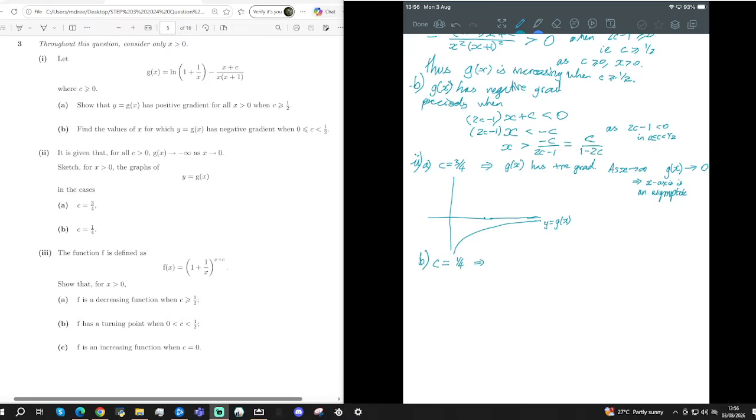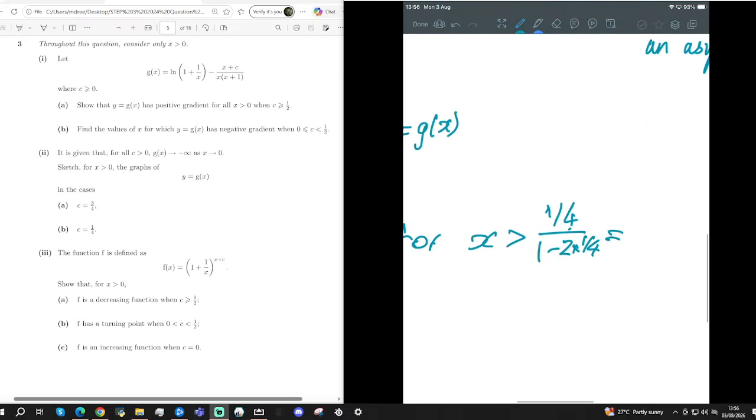Now from the previous part of the question, that says we are decreasing for x greater than a quarter over 1 minus 2 lots of a quarter. Well, the denominator there is 1 minus a half, which is a half, so that comes out overall as a half.